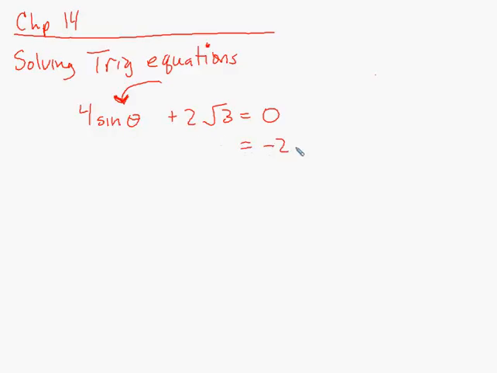Yes, so I get negative 2 root 3 on the right, and then I have 4 sine of theta on the left. Now what do I do? Divide by 4. So I get sine of theta equals negative root 3 over 2 after I simplify. If I do inverse, what do I get?